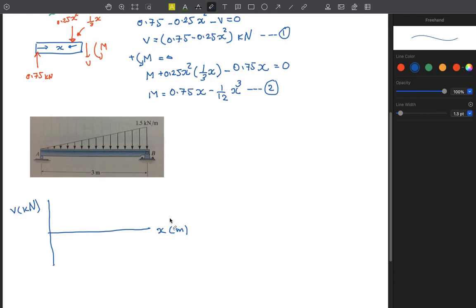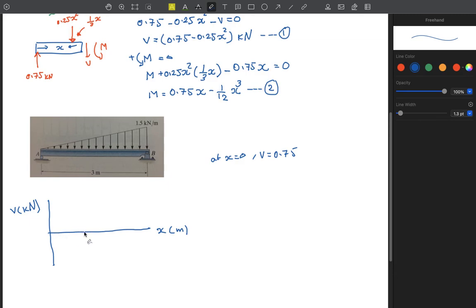Now you start basically substituting your values in these two equations. Now you say at x equals 0, you'll have a value of v equals 0.75. So this is the length of the beam.